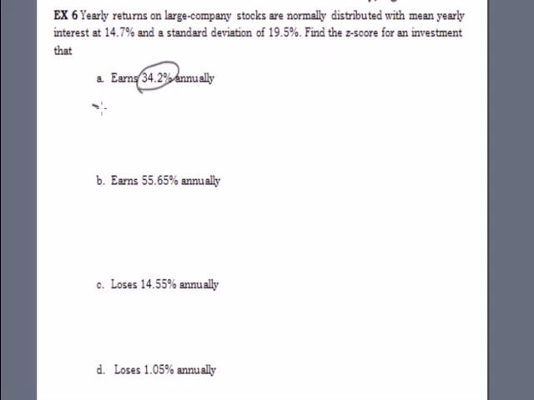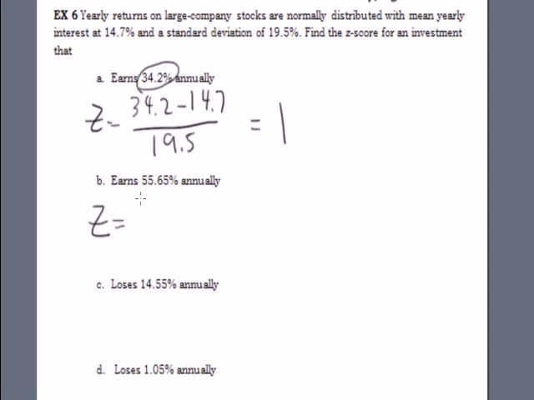So again, the z-score here should be 34.2 minus 14.7, that was the mean, over 19.5. That looks like 1 to me. In B, we're told the investment earns 55.65, so that's our data item, 55.65 minus the initial mean of 14.7.